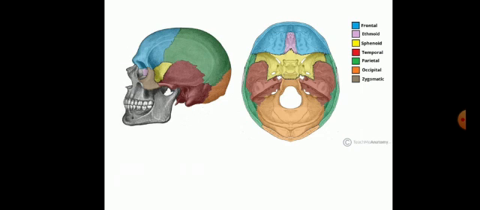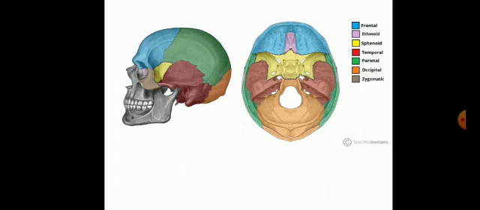So here we see the basal part, the base of the skull. From the inner aspect we see that the yellow bone is the sphenoid, and the light brown is the occipital bone, the part where the foramen magnum is present.